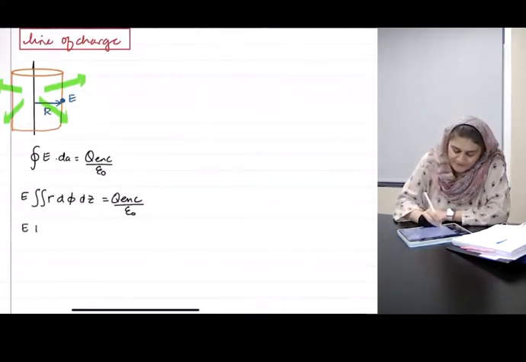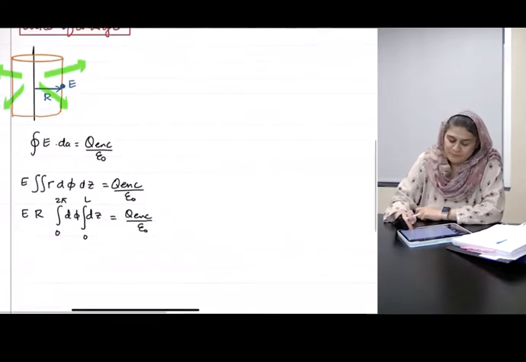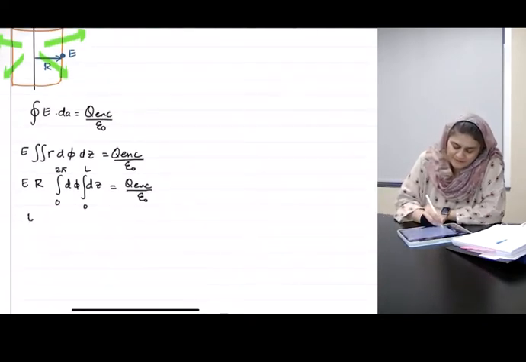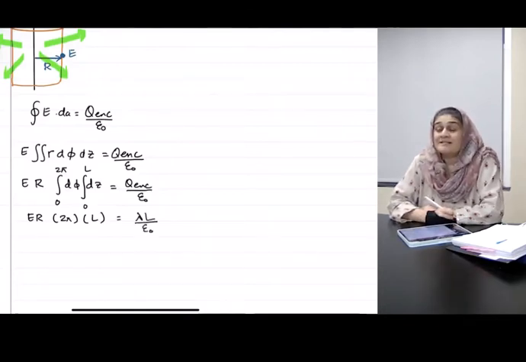Or E times capital R, d phi dz, with limits of integration from 0 to 2 pi and from 0 to L, equals Q enclosed over epsilon naught. So what will be the answer? E R 2 pi L equals lambda L over epsilon naught. The symmetry says that Q enclosed is lambda L, where lambda is the charge density and L is the length.